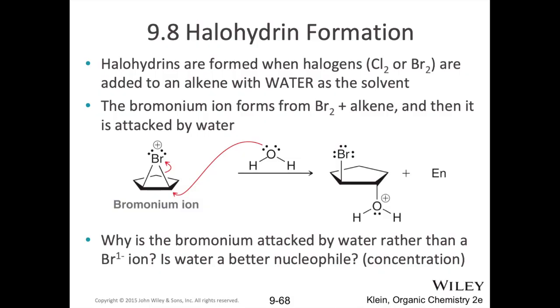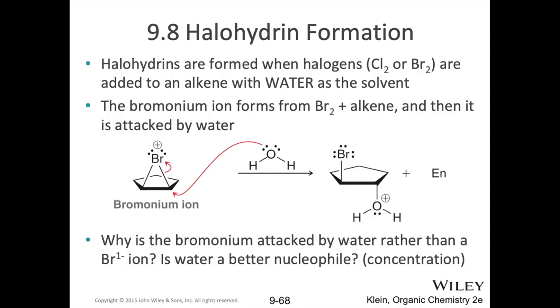The hydrin part here is where that water molecule is our nucleophile in that second step of the reaction. By changing our solvent, instead of getting the dihalide product, we wind up getting a product that has a halogen and an alcohol group. All right, that's our halohydrin reaction.